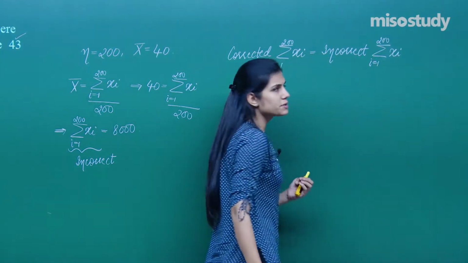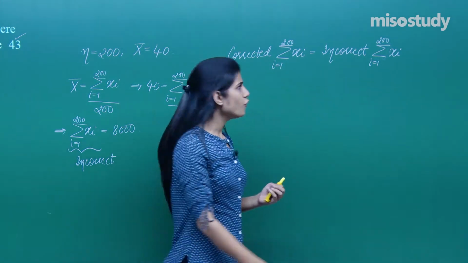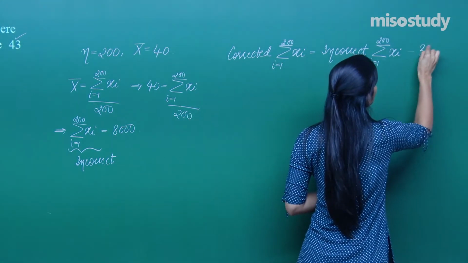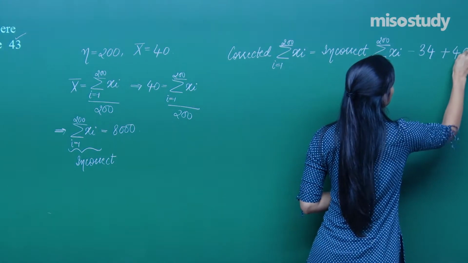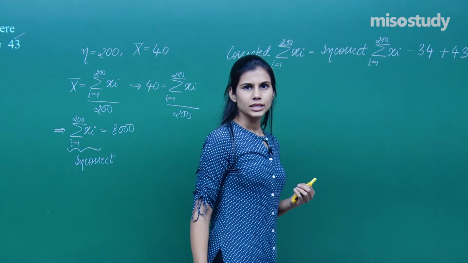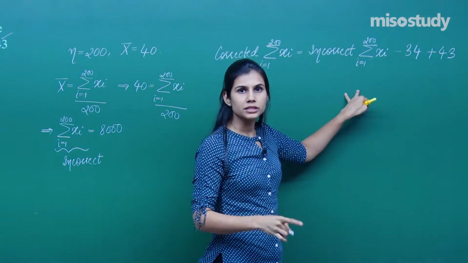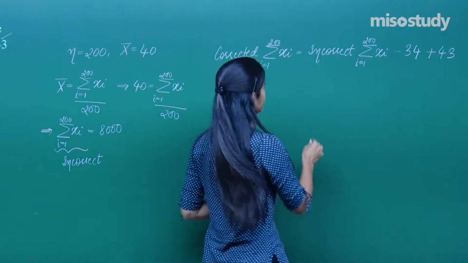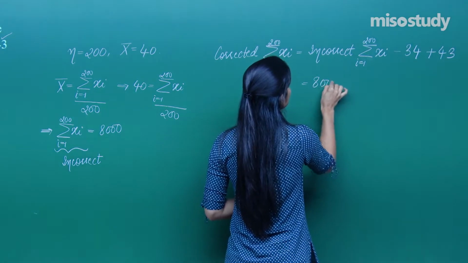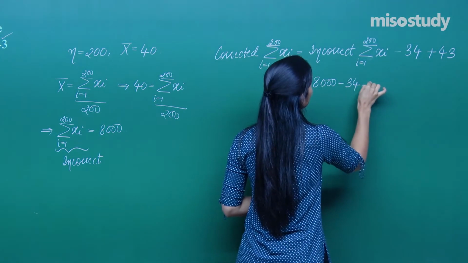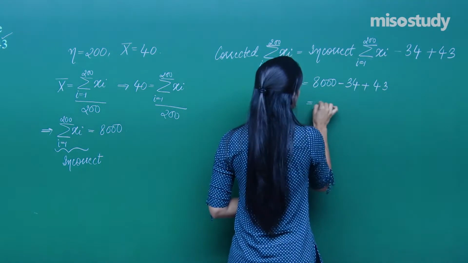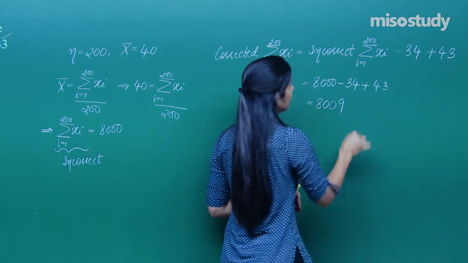This is the sum of 200 observations when one of them was 34. From it I will remove 34 and add 43. This is going to give me the sum of 200 observations when one of them is not 34 but 43. It is replaced by 43. So, you basically get 8000 minus 34 plus 43, which gives me 8009.